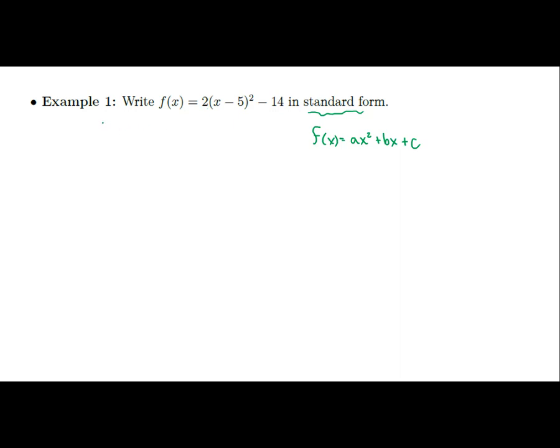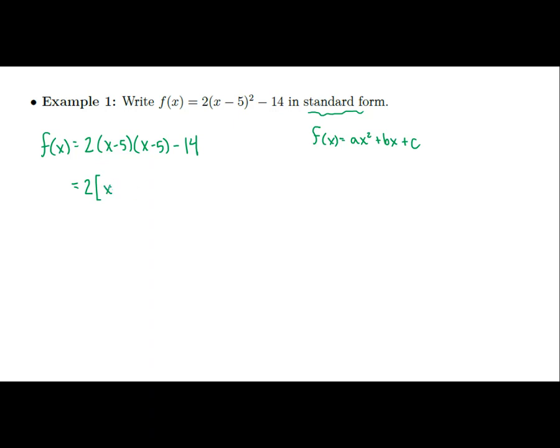All right, so all I have to do here is start off with my vertex form and realize that (x minus 5) squared really just means (x minus 5) times itself. So I'm going to have to FOIL all that out in order to write it in standard form. So I've got the 2 out here, and we're going to keep it out there, but now I'm going to go ahead and FOIL everything.